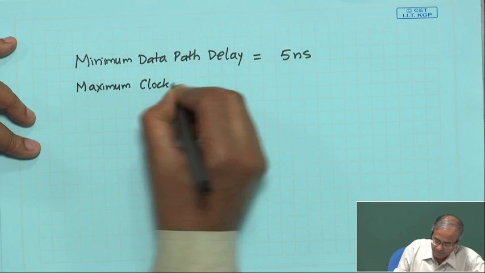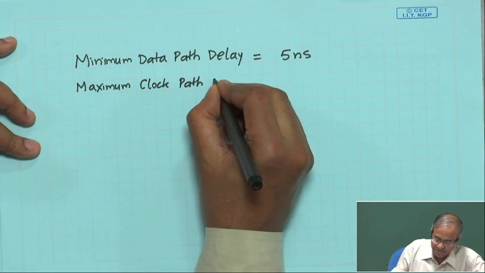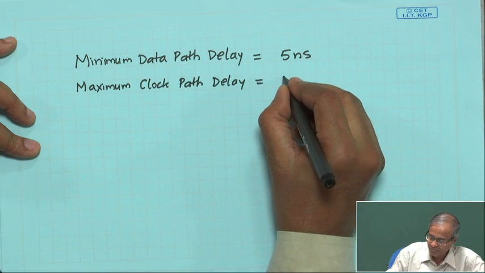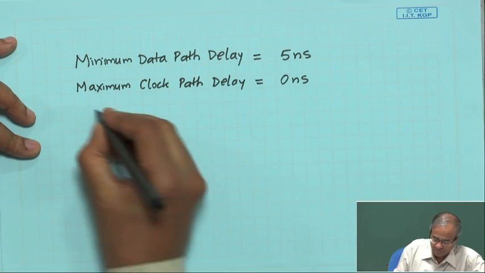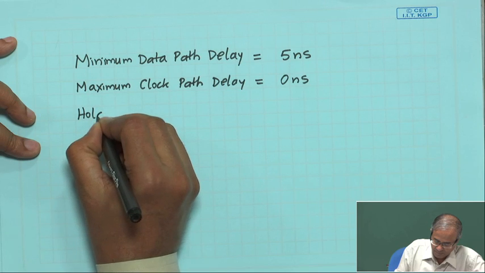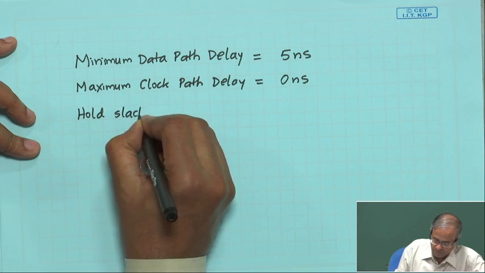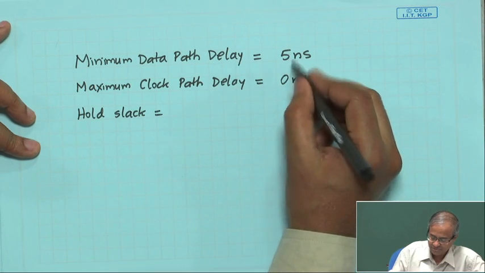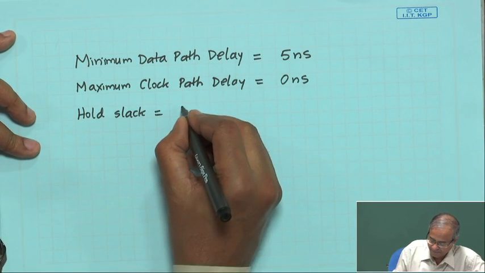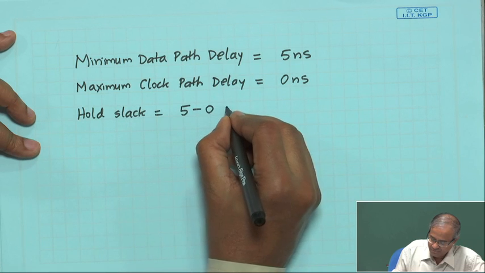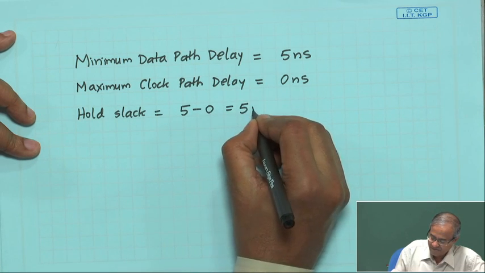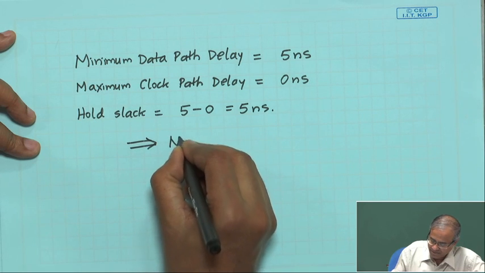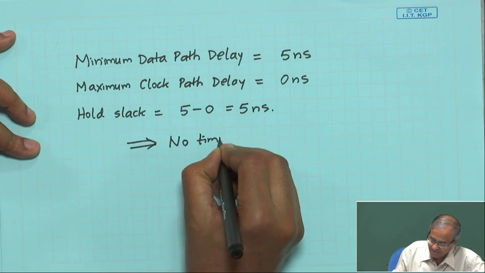Maximum clock path delay, so we are not assuming any skew, so 0 nanoseconds. So, let us call it hold slack, the separation between these 2 delays. So, how much difference is there? 5 minus 0, this is 5 nanosecond. Now, if this is positive, we can imply that there is no timing violation.